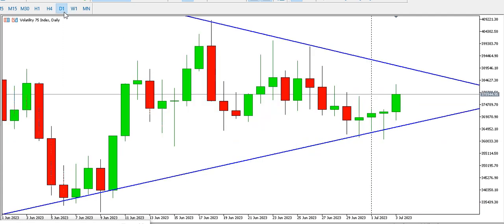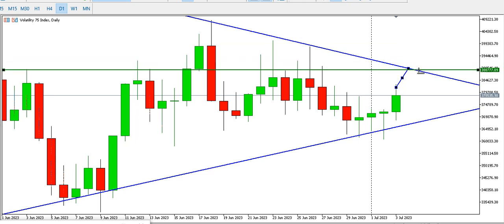Let's take a look at V75 on the daily time frame. The daily time frame shows that price is currently going to the range, the descending triangle. Price is attempting to get to the descending trend line. Price might likely reach this particular point, the 388700 level.